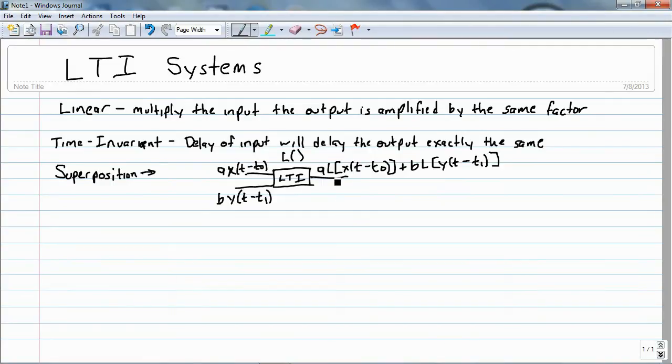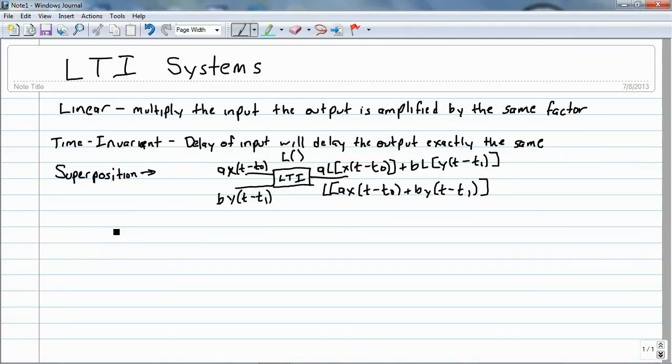Now, we can also represent this in another form, and this is where superposition actually is defined. So we can also look at it as the combined effect of both of those inputs through the system at the same time.